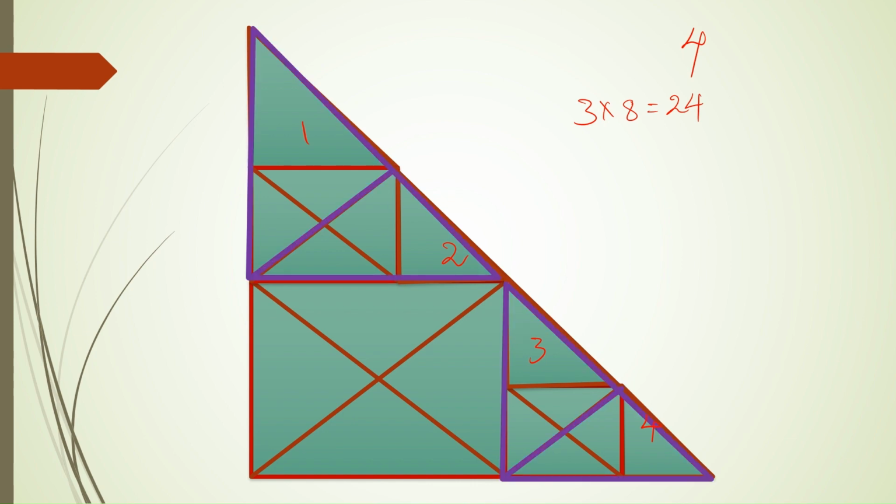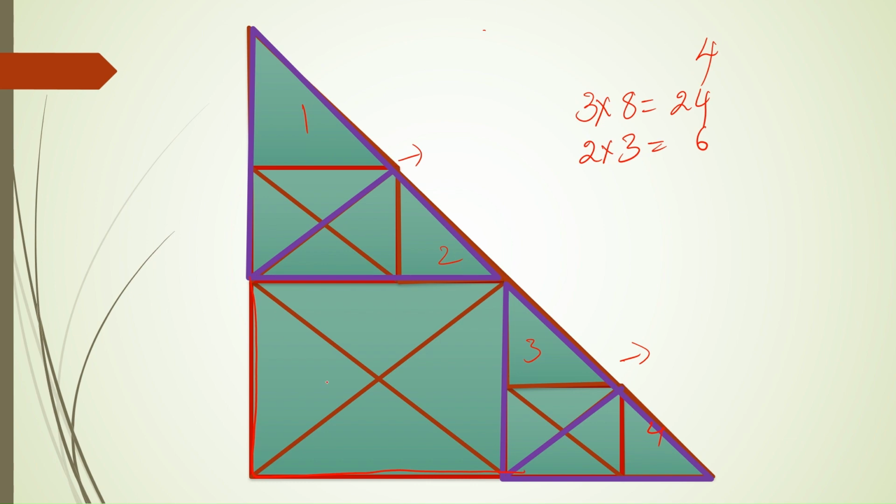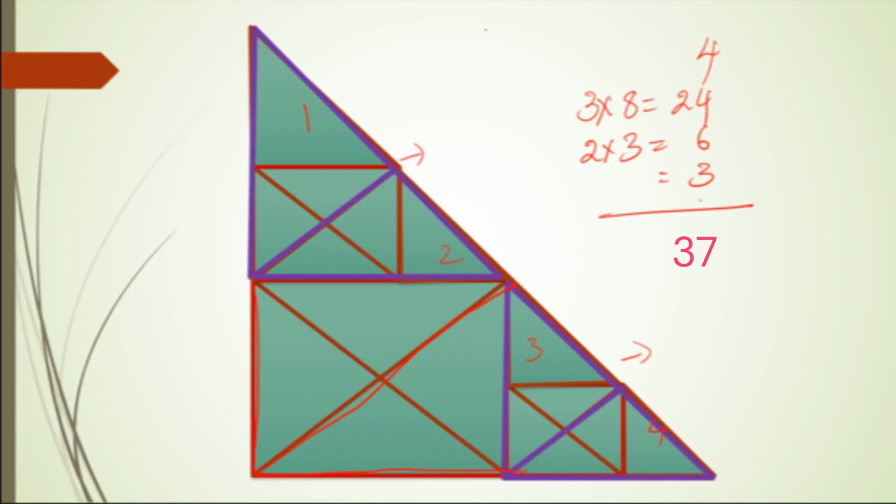Now this upper one is like a triangle pattern and the lower one is also like a triangle pattern. So two patterns are there and each pattern makes 3 triangles, that gives 6. And the entire bigger triangle, for that also we have this middle line, because of that it makes another 3 triangles. So in total we'll have 37 triangles.